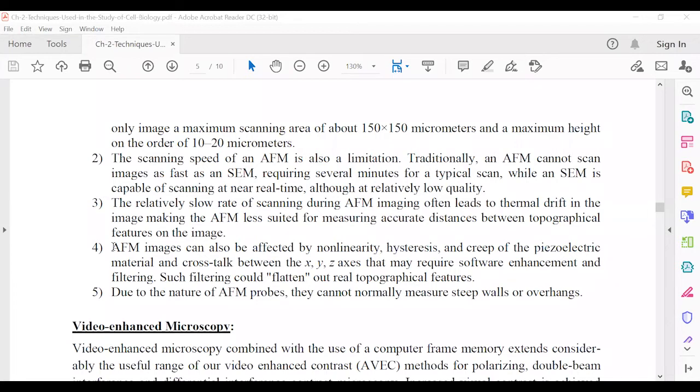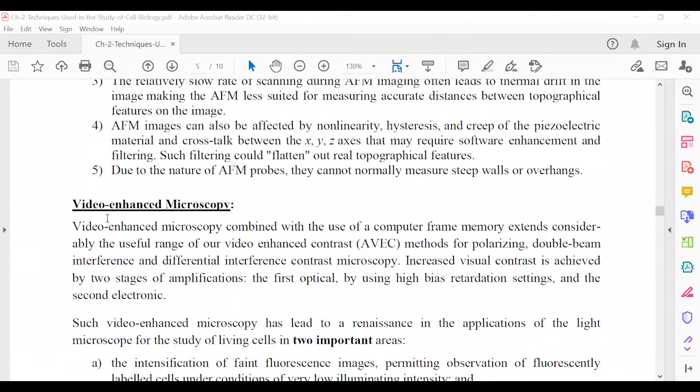When we want to show the image with a graphical presentation, then some limitations show in these methods. Last, due to the nature of the atomic force microscope probes, they cannot normally measure steep walls or overhangs. Sometimes this problem may occur.